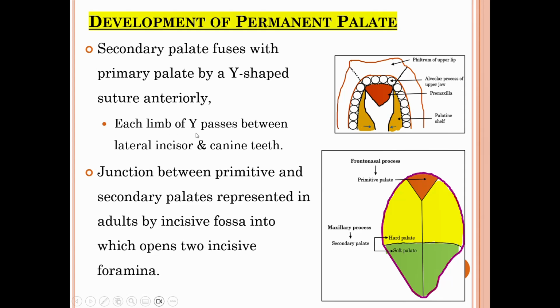Each limb of the Y, this one and this one, passes between the lateral incisor and canine teeth, and the junction between the primitive and secondary palate is represented in the adult by the incisive fossa. So here will be the location of the incisive fossa, which opens into two incisive foramina.